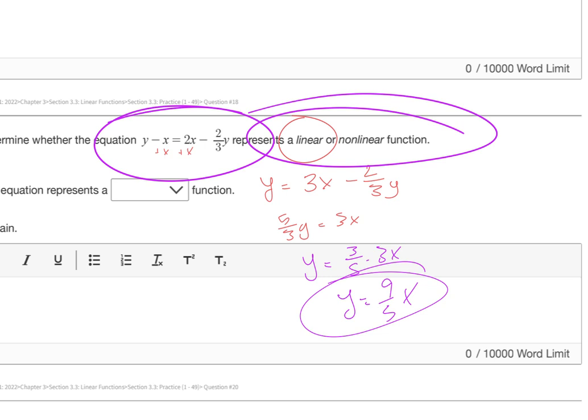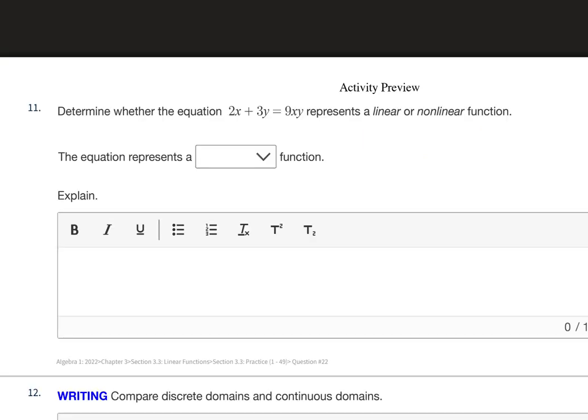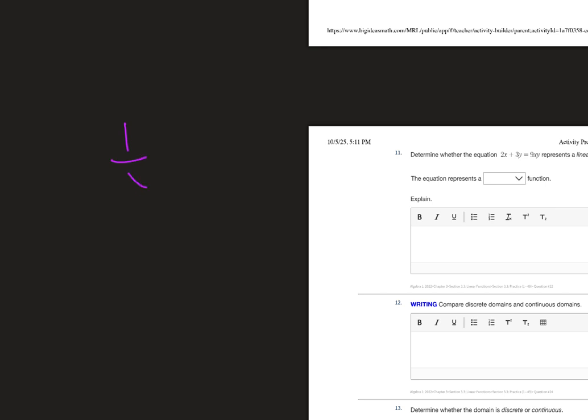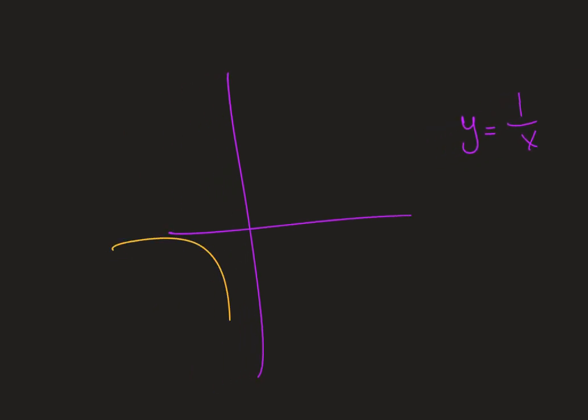So anyway, moving on. Okay, so now I'm realizing that something I told you in the notes is technically a little wrong, because there was one example that was y equals 1 over x, and this is what that graph looks like. It does something like that. And if we were to do the vertical line test on it, it's going to only touch in one spot each time.